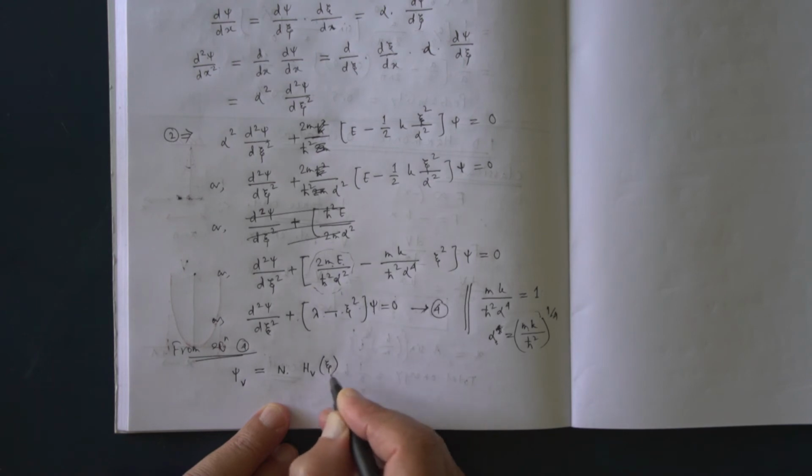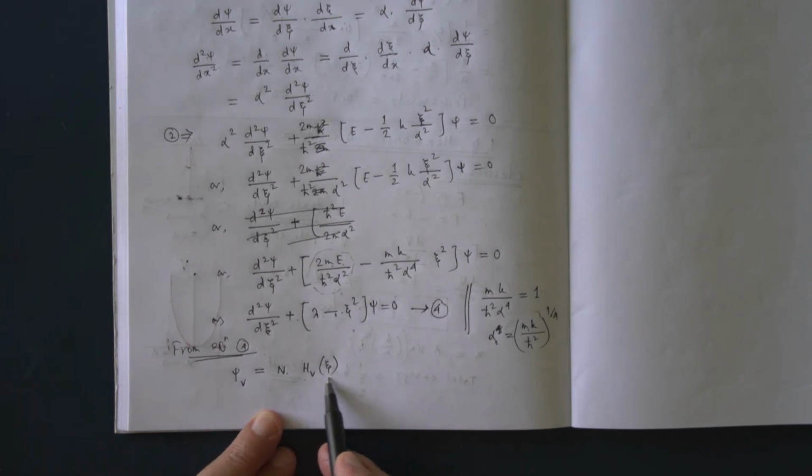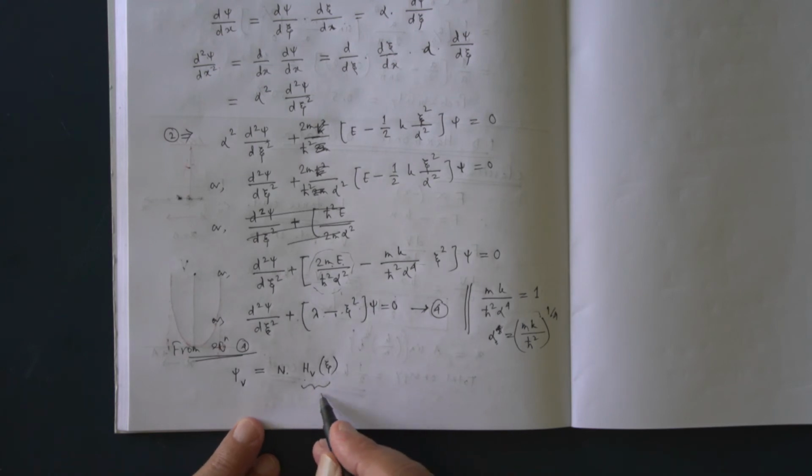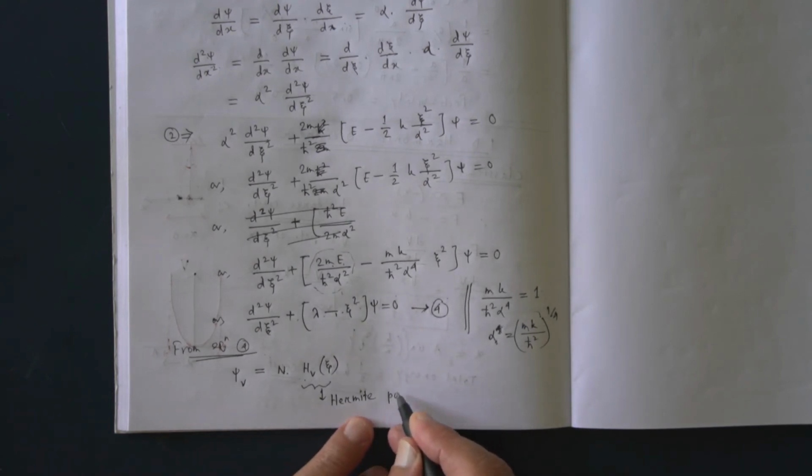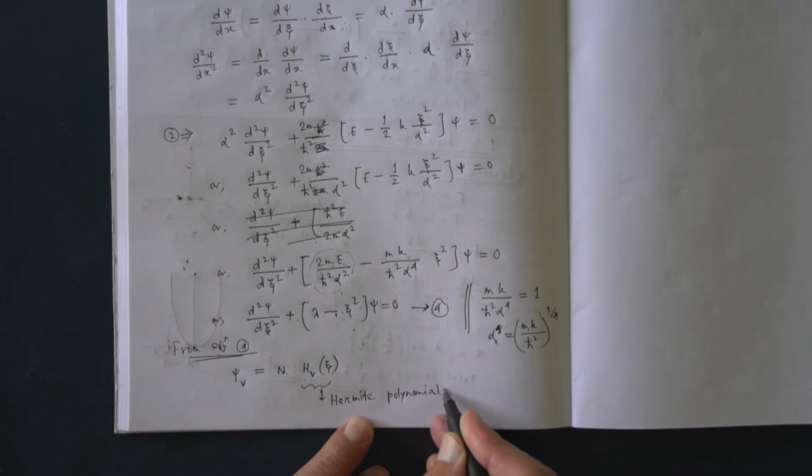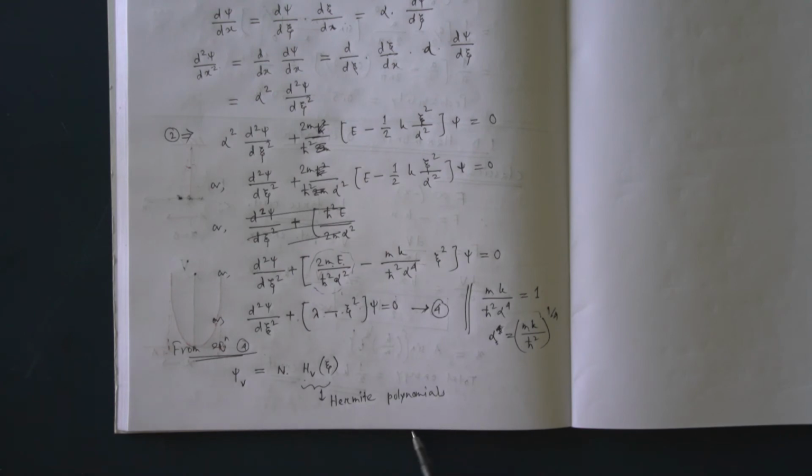thing which is called Hermite polynomials. I have already said that we solve the equation by using polynomials.